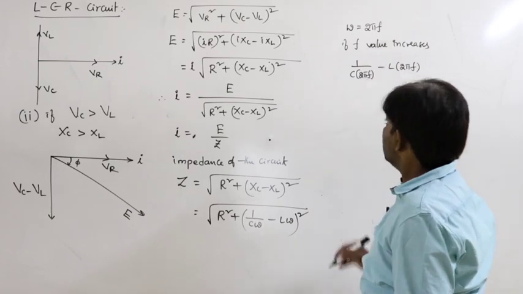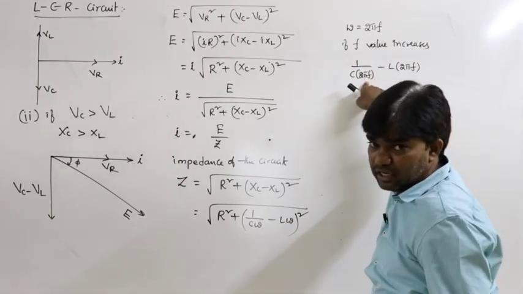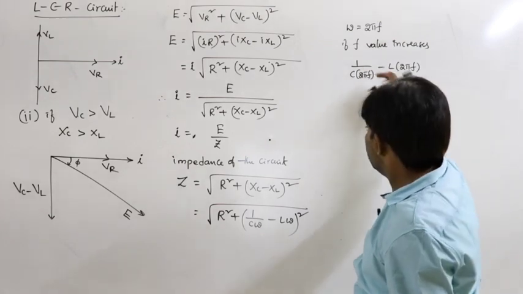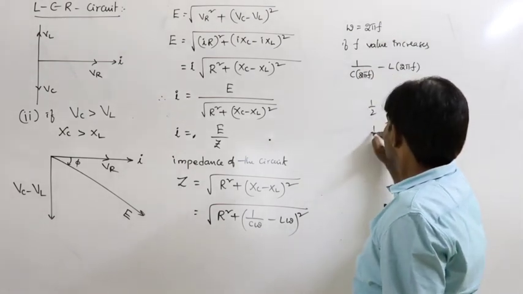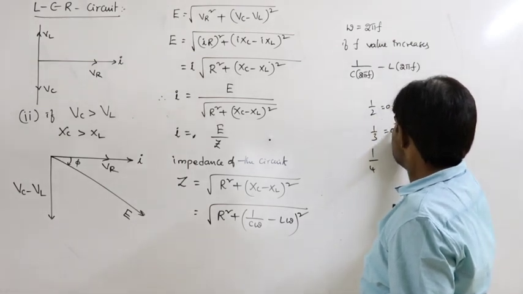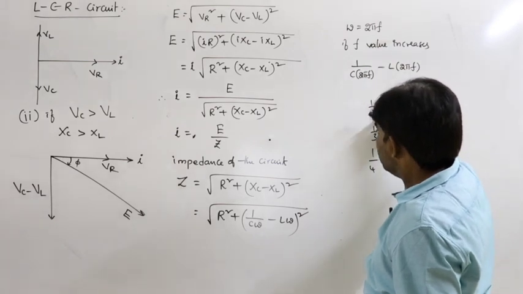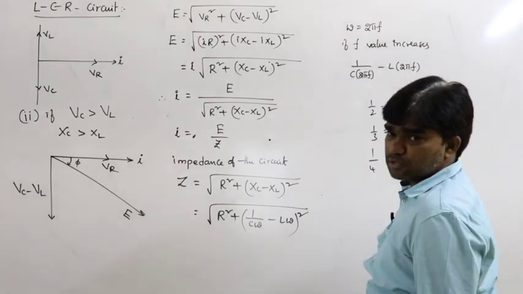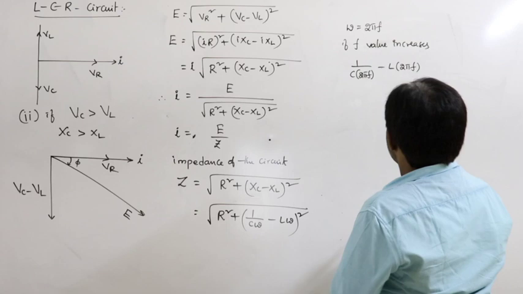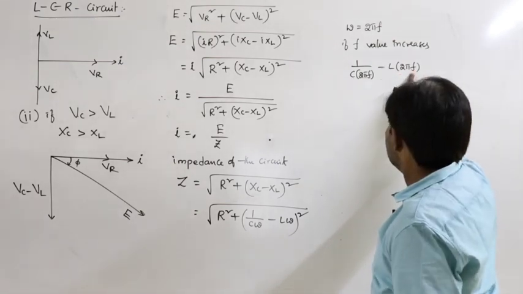If f value increases, the denominator increases, which means the total value must decrease because it is in the denominator. For example, 1 by 2, 1 by 3, 1 by 4: that is 0.5, 0.33, 0.25. So if the denominator increases, the total value decreases. This value decreases and this value increases because of the increase in alternating frequency.